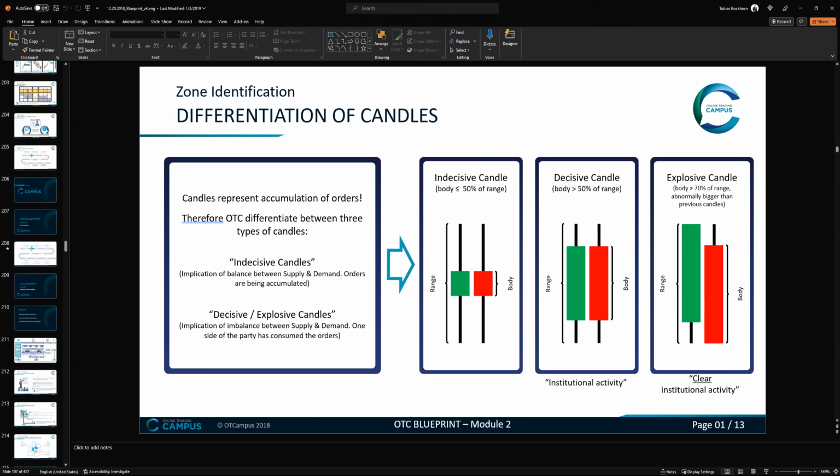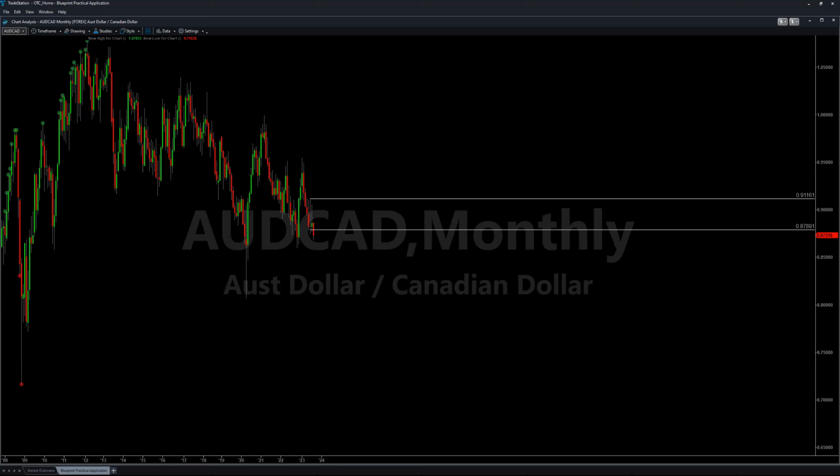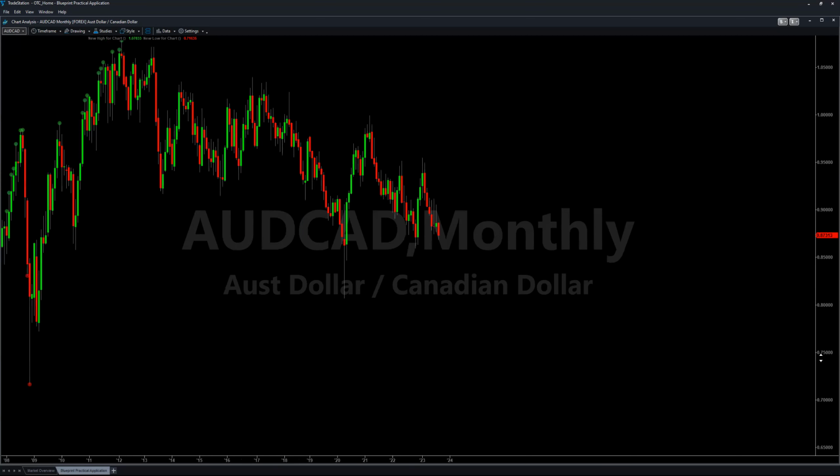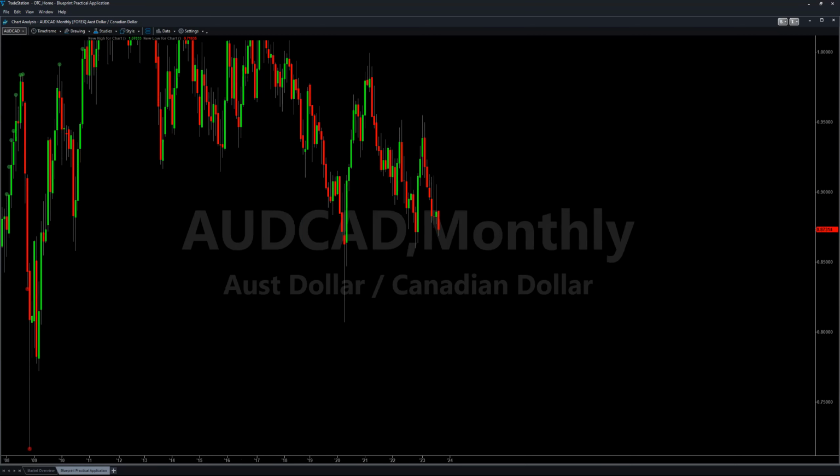We will go into share screen. Where is my trade station? Share. Okay, it is not important for us to choose a specific asset. Let me show you. I want to explain and show you which one is the indecisive candle. Again, the theory behind it is less than 50%.